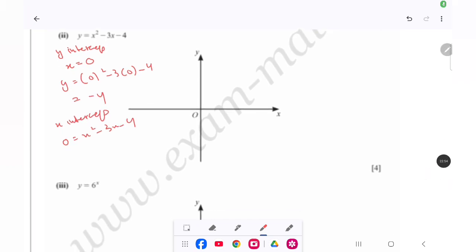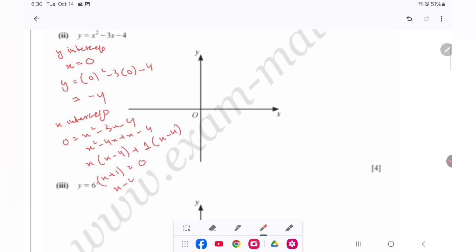Apply the middle term break formula here, x square minus 4x plus x minus 4, taking x common, x minus 4 plus taking 1 common, x minus 4. x plus 1 is equal to 0 and x minus 4 is also equal to 0. Subtract 1 from both sides, and add 4 to both sides. These are the two x values.